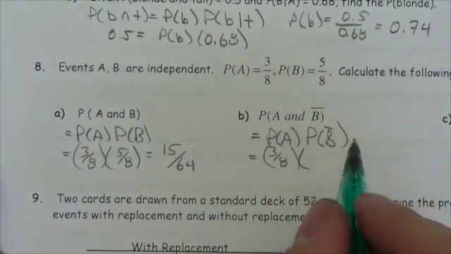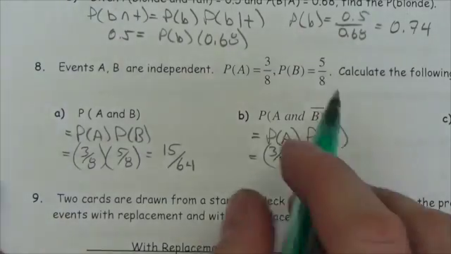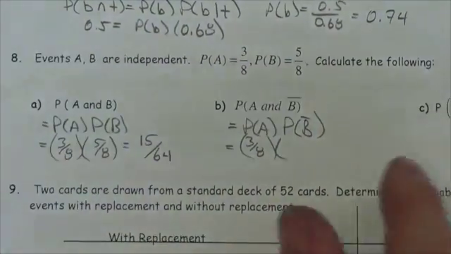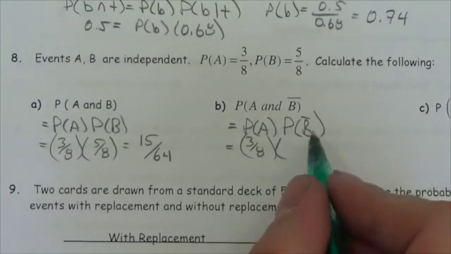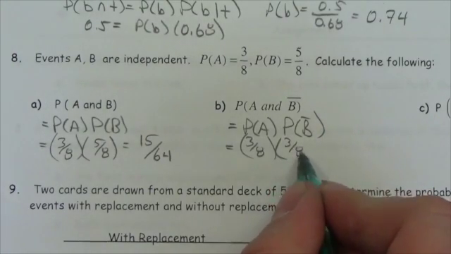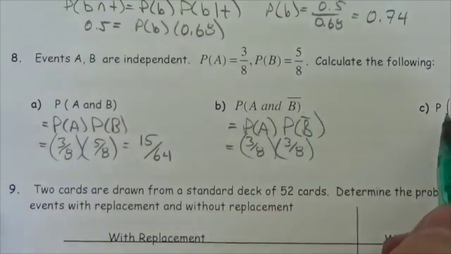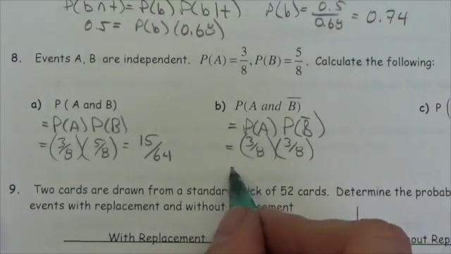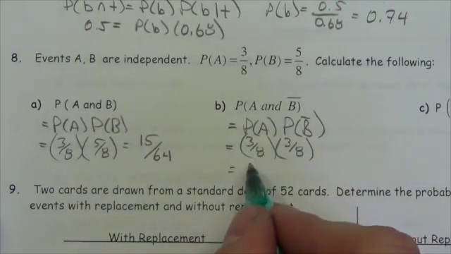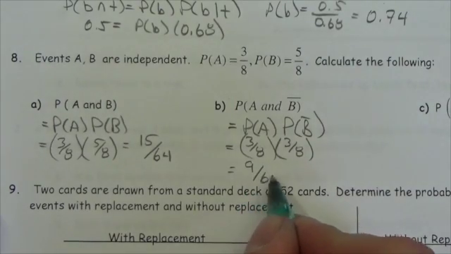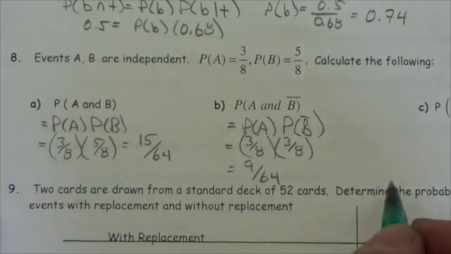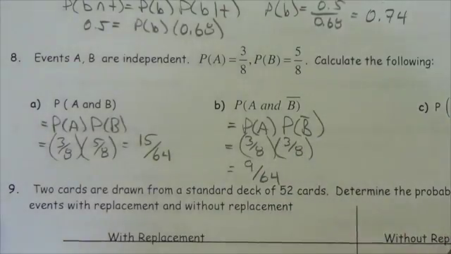The probability that B does occur is 5/8, so the probability that it doesn't occur would be 3/8. There are 5 successful events, and so if there's 8 total events, there must be 3 unsuccessful events. And so now multiplying that across, 9 out of 64. And again, that's as simple as it will get because there are no common factors between 3 and 8.